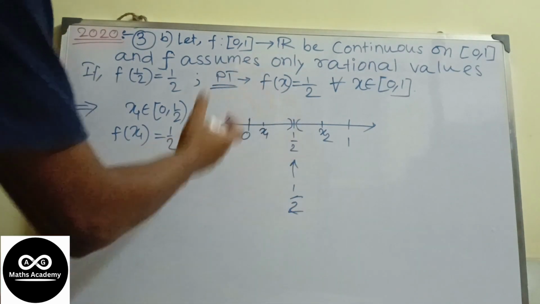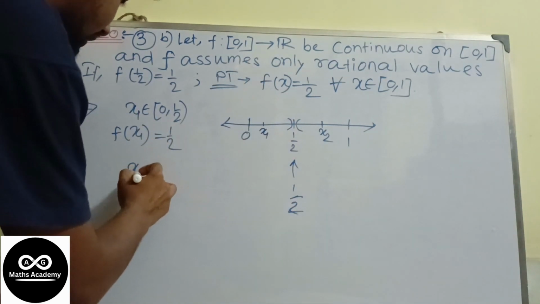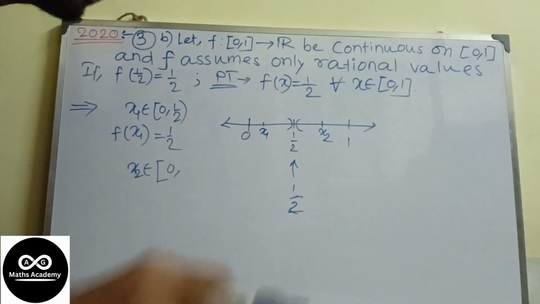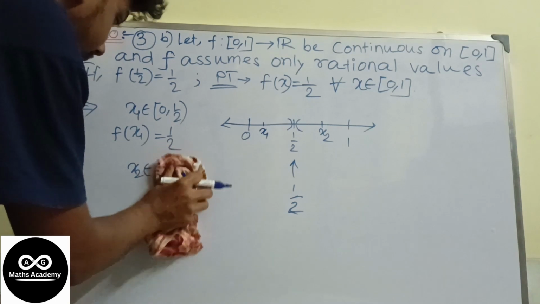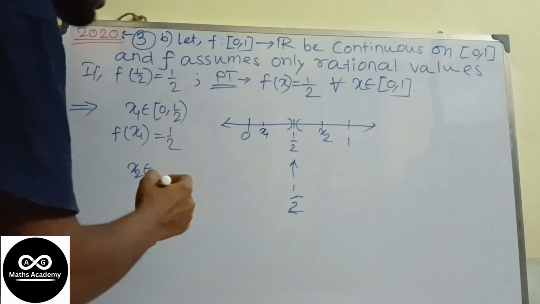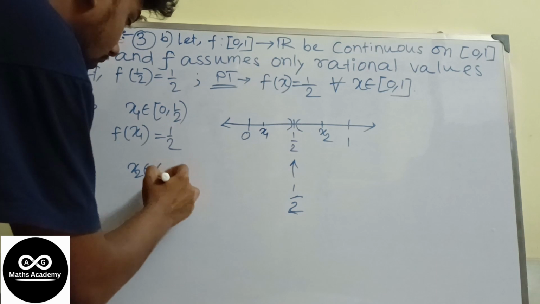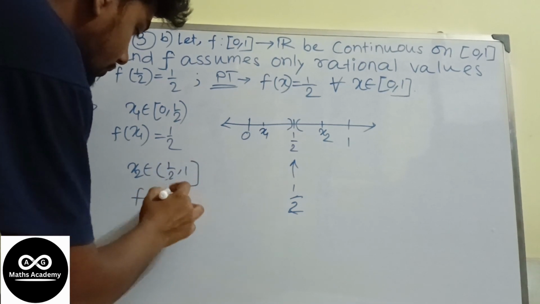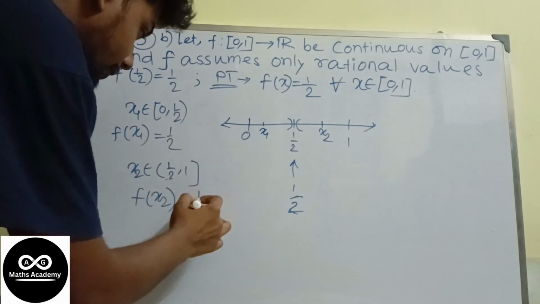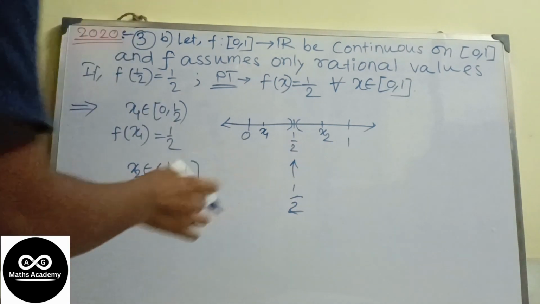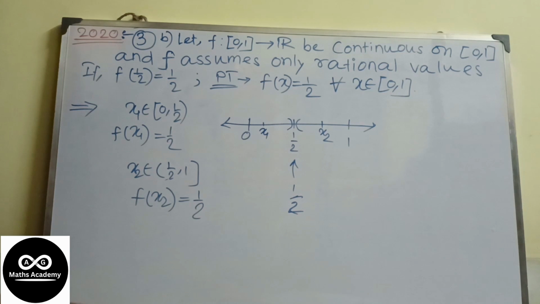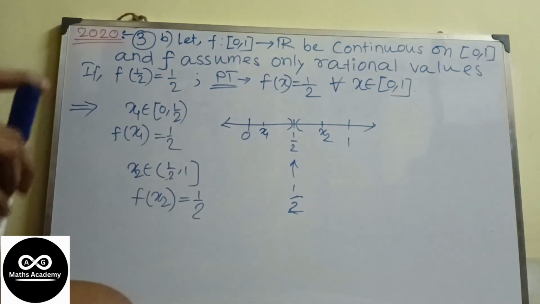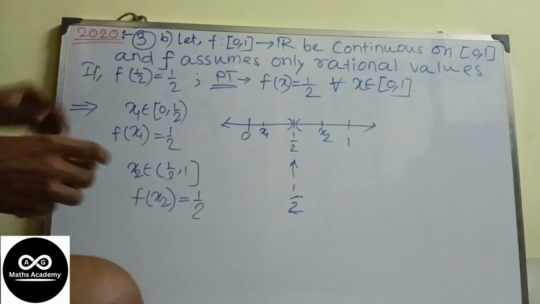So by a similar method we're going to show that for x2, taken from open half to 1, f of x2 is equal to half. So the whole thing becomes half. So we're going to show that first. This is how we're going to approach this question.